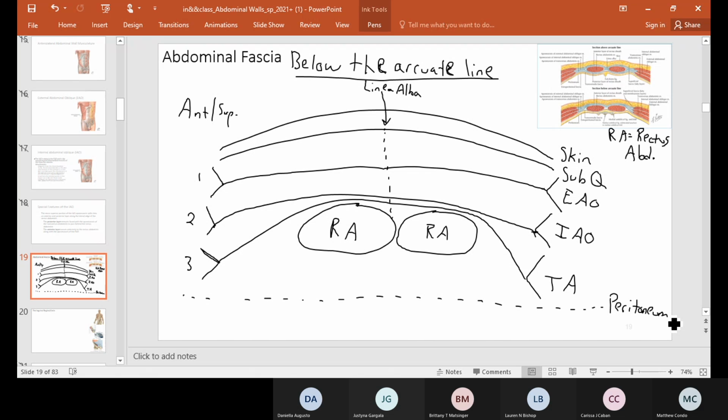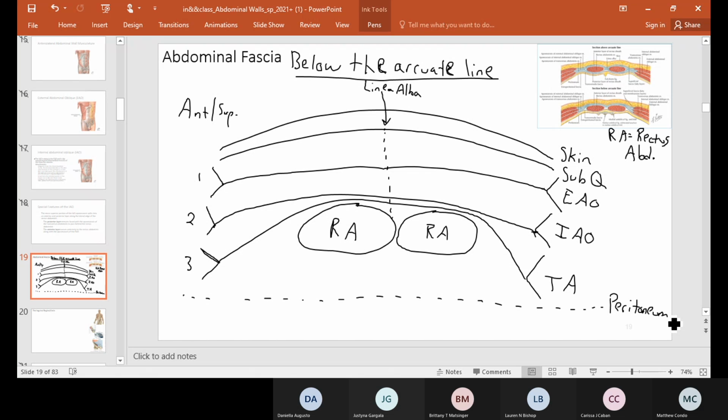Okay, so below the arcuate line, like I said, I made a mistake. EAO, IAO, TA, all going to come superficial around. Technically there's 8, but that's another one. It depends.